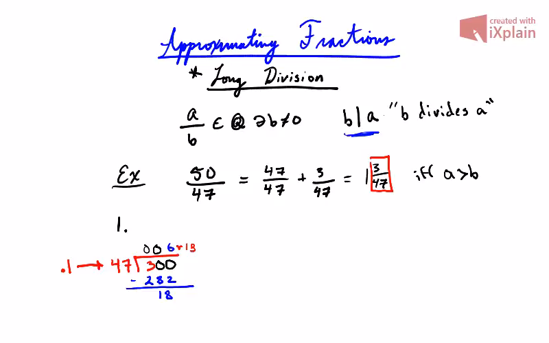Because if you put this in a calculator and you say, hey, 50 divided by 47, well, I have 1.063. Well, me borrowing made a 0 because I had to borrow. And then immediately I found that 6.